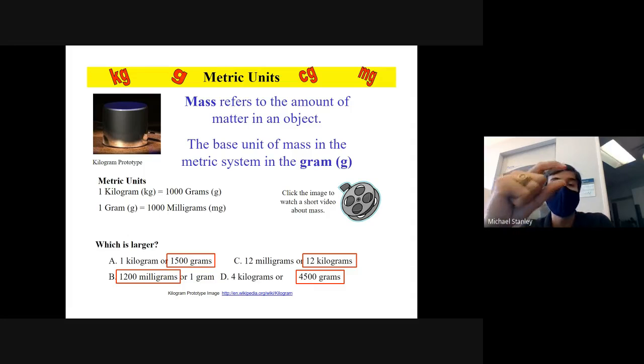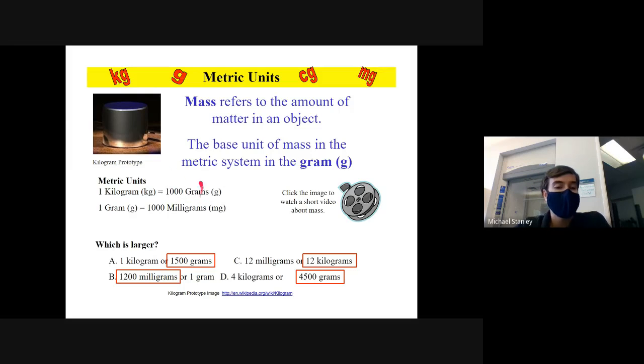So even in that one really small tablet, there could be 300 milligrams of ibuprofen or acetaminophen, which is the medicine that helps reduce pain and headaches and fevers. So 1 milligram is really, really small. If you put 1,000 milligrams together, you get up to the size of a gram.